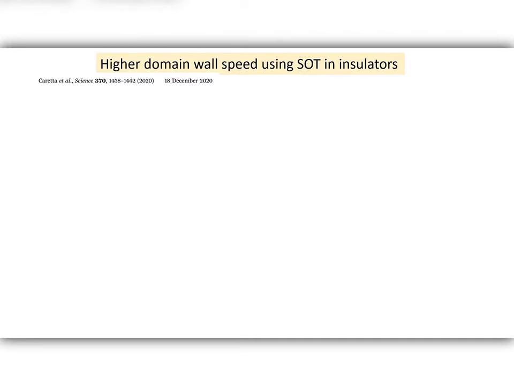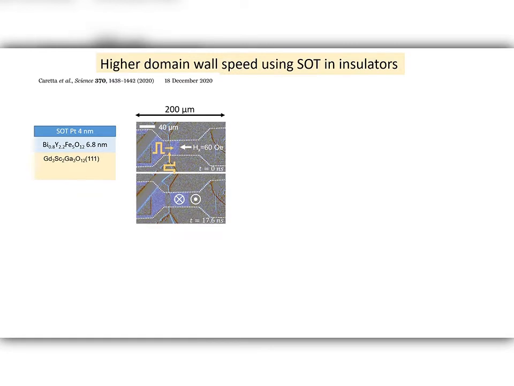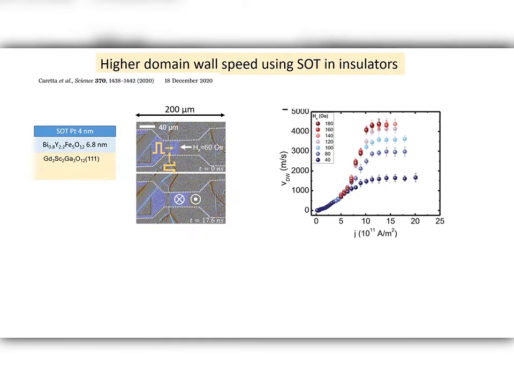But you can change the system to have much higher domain wall velocity. This is a modified gadolinium gallium garnet, GGG, on which, with good crystallinity, you can grow a modified YIG sample. The current densities are also in the order of 10 to the 12 amps per square meter, a little bit lower, but the speed is extremely high.